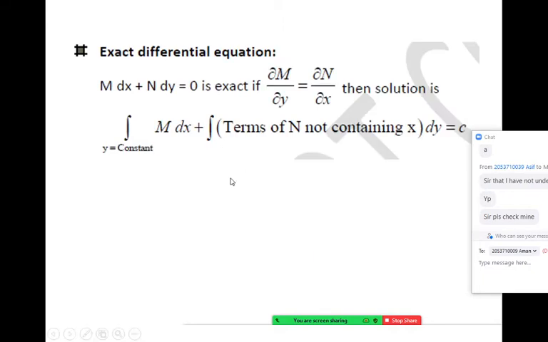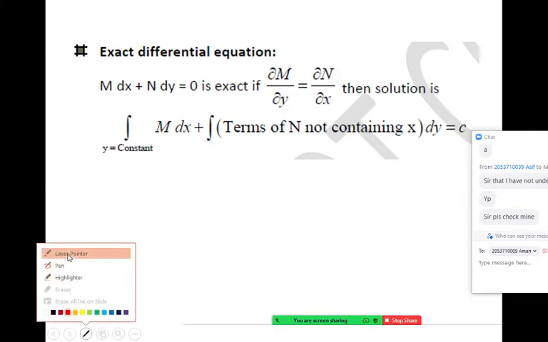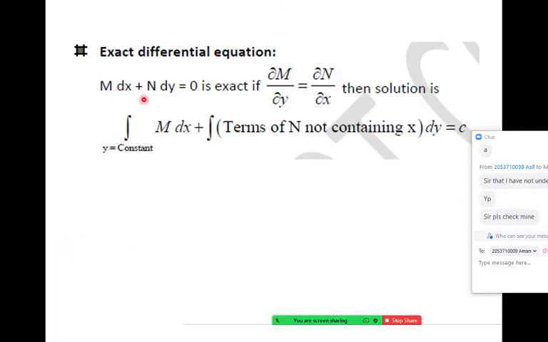The first method in the syllabus is the exact differential equation. This differential equation is written as M dx plus N dy equal to 0. Actually, it can be written in dy by dx form: if you divide throughout by dx, it is M plus N dy by dx equal to 0, a first order first degree differential equation.